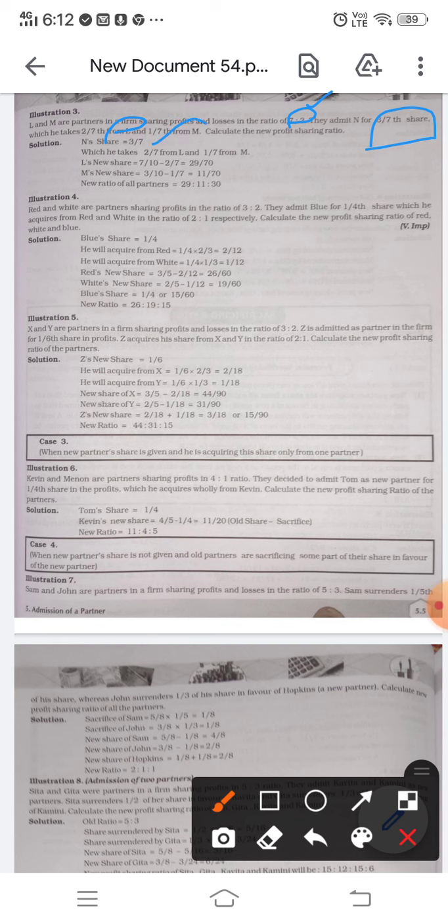What is the new share of N? That is 3/7, taken 2/7 from L and 1/7 from M.